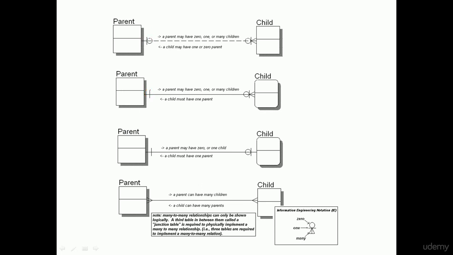So in that case, if we try to read this particular entity relationship diagram, it says that each parent may have one child, because this is may have one, or you can say each parent has 0 or 1 child. When we read from child to parent, we'll say that each child must have one parent. So minimum cardinality and maximum cardinality are the same, it is 1.